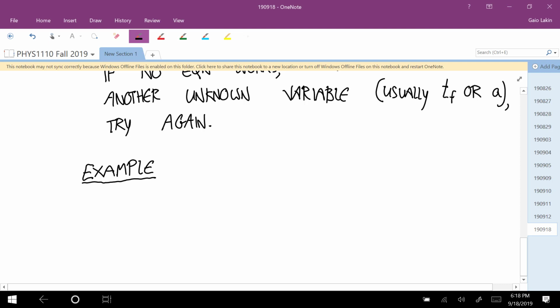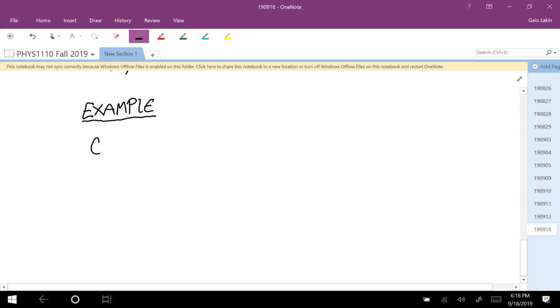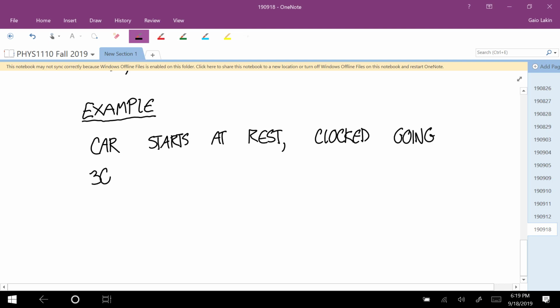So let's say that a car starts at rest and is clocked going 30 meters per second. Let's see, how far would a car have to go to get up to 60 miles per hour? 100 yards?